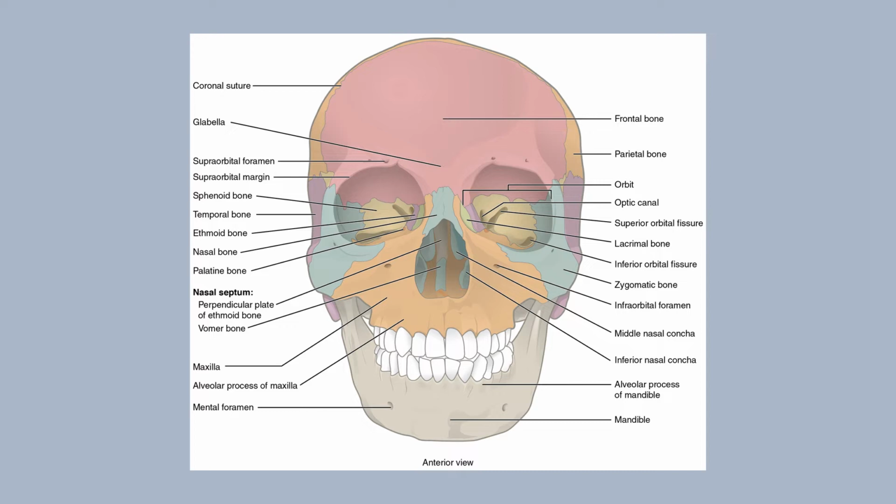Right here, you've got the frontal bone, the parietal bone, and you'll notice that oftentimes for the bones, you have the parietal bone here, and then also over here. So don't panic when you first see that, oh my gosh, there's X number of bones. Oftentimes the right side is a mirror image of the left side, and so they'll have the same name, thankfully.